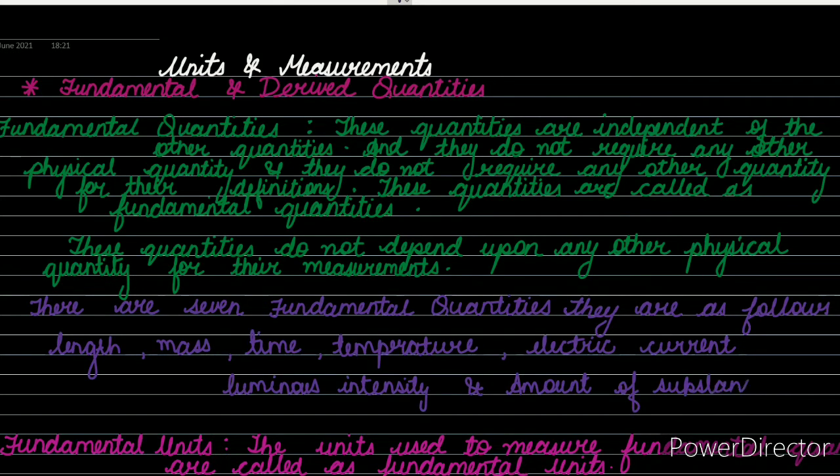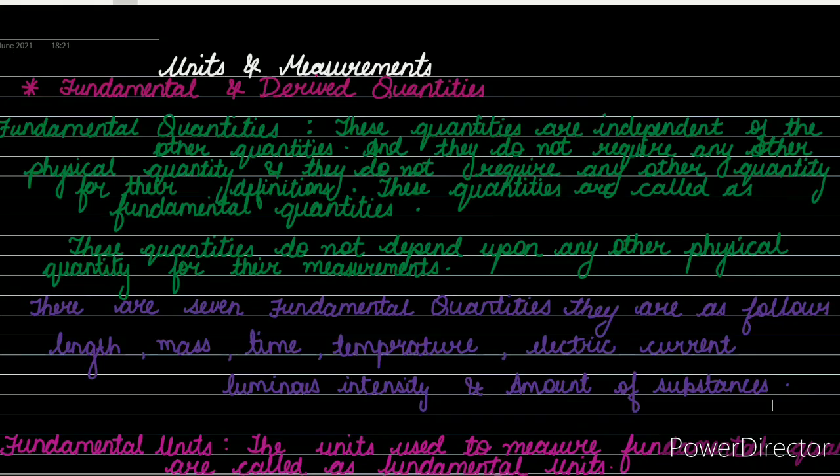So these are our 7 fundamental quantities. That is length, mass, time, temperature, electric current, luminous intensity, and the amount of substance.